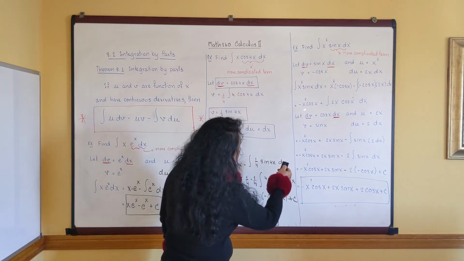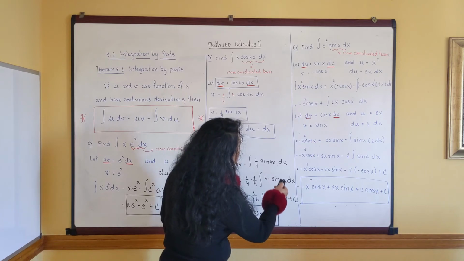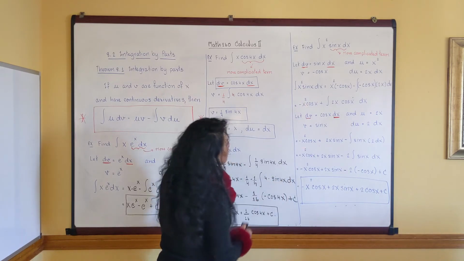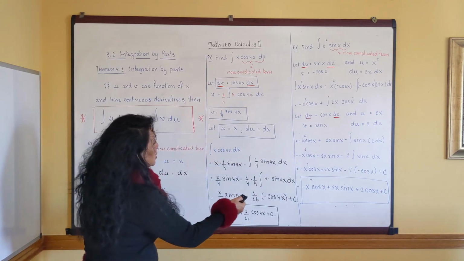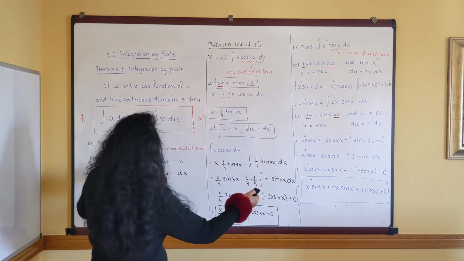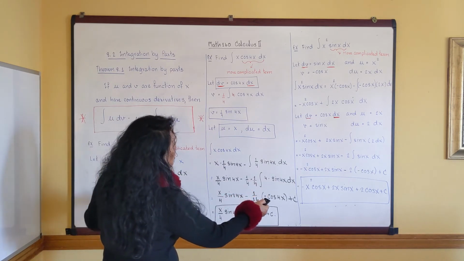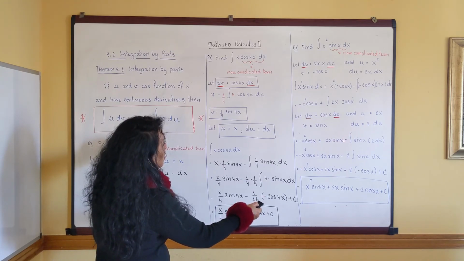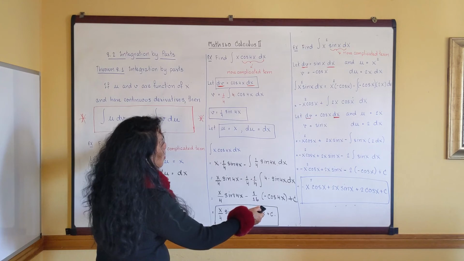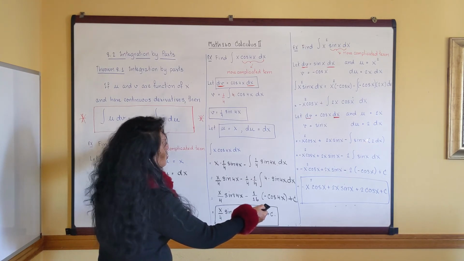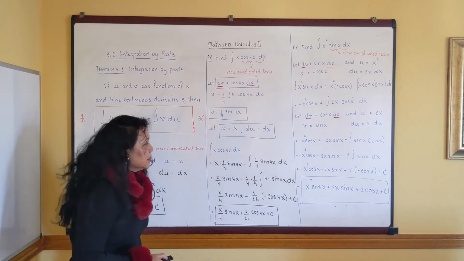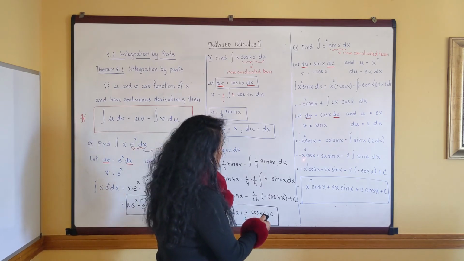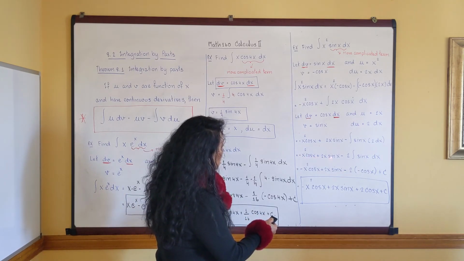The first term here, I just write it down. So you're going to have plus u times v minus the integral of v du again. I just rewrite everything.